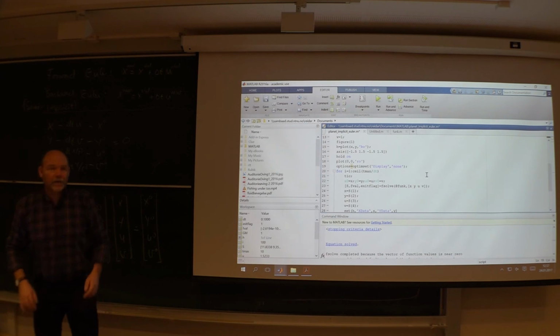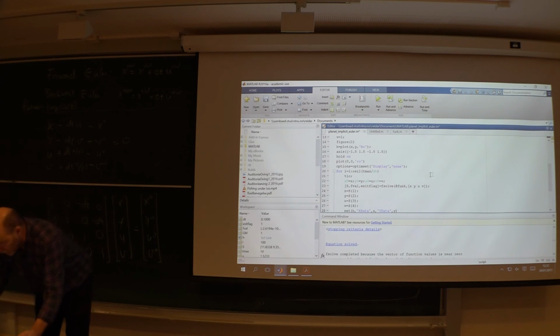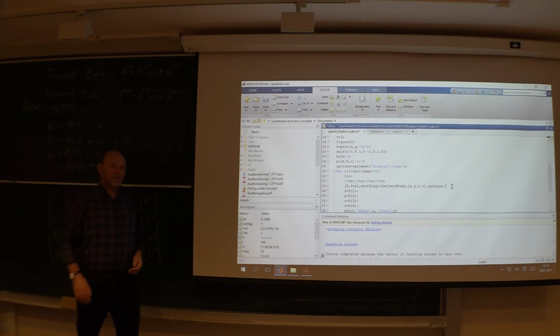Then you can override the default and then use fsolve including options. You can have others in display if you want.